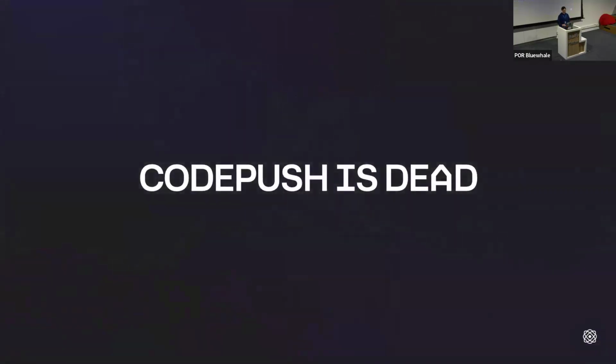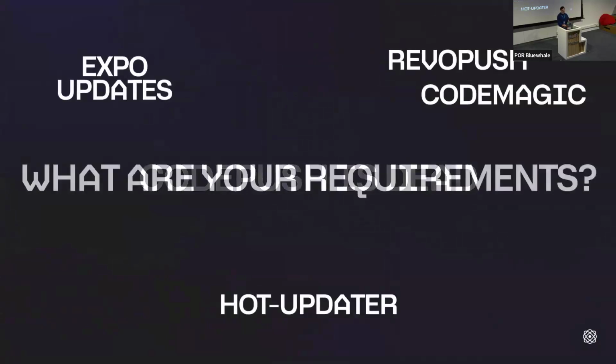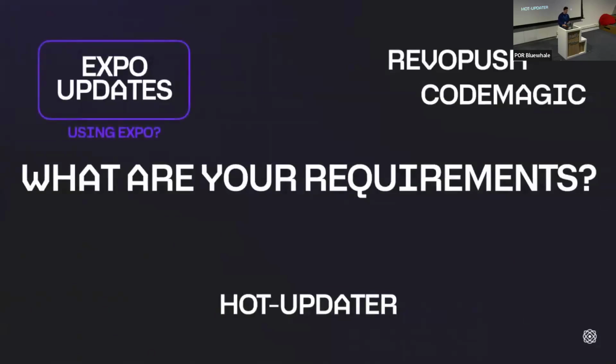So, conclusion and some maybe alternatives. CodePush is dead. It's been a long time. There are some other options that you might have heard of. And which one should you choose? I don't know. It depends on your requirements, because each of them has its own strengths. It really depends on your project. So for example, is your project Expo?